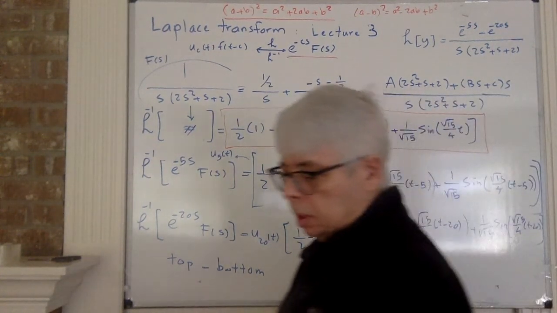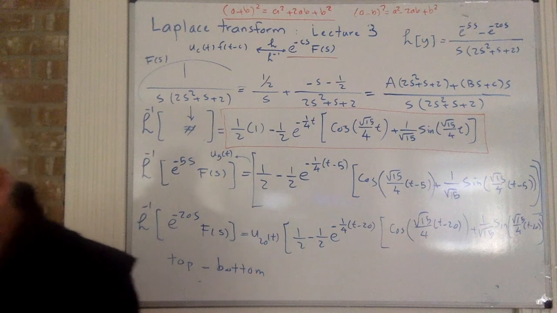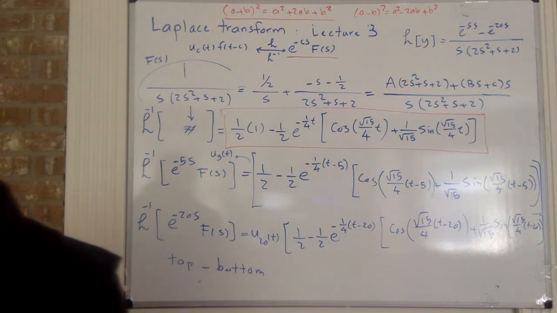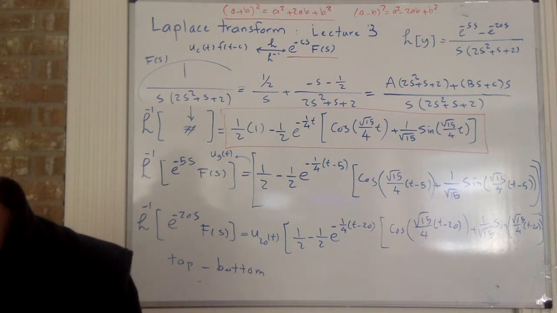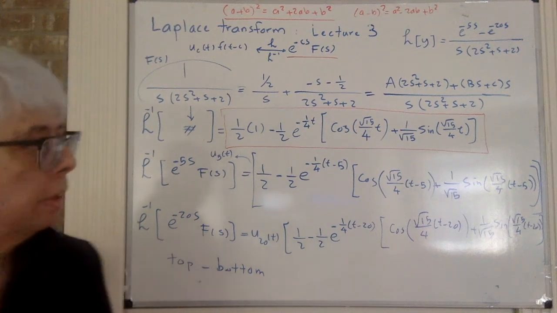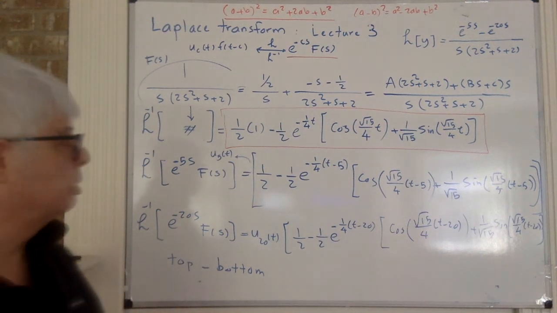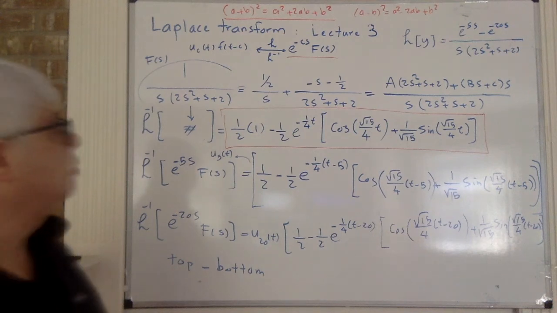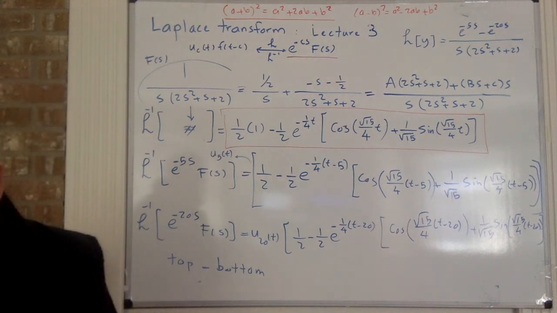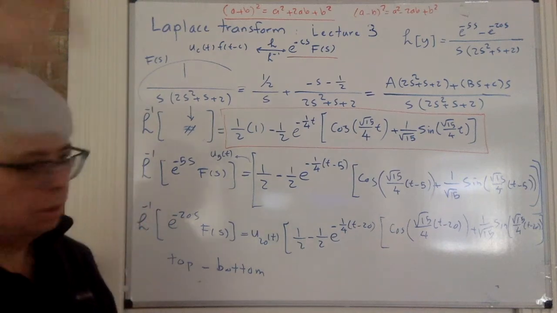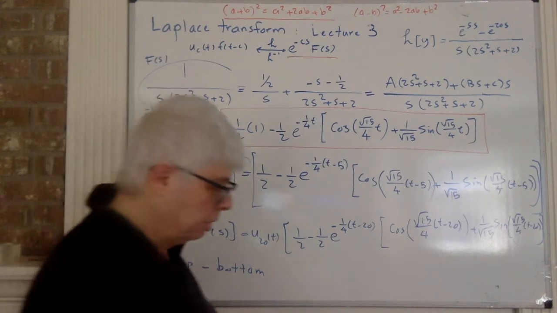This was an example in the book, and there is a nice graph of that. You can take a look at the graph. It's 0 before 5, and you can see that it's just some interesting response.